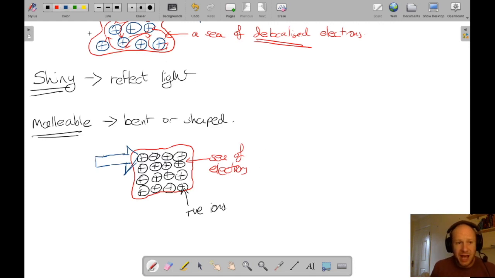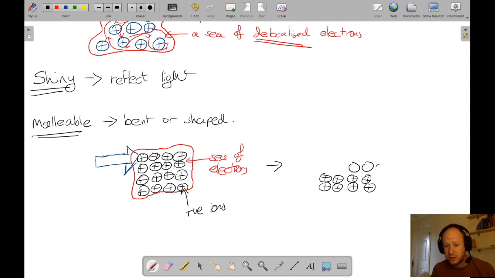So my bottom row would be untouched, but this row would slide over.